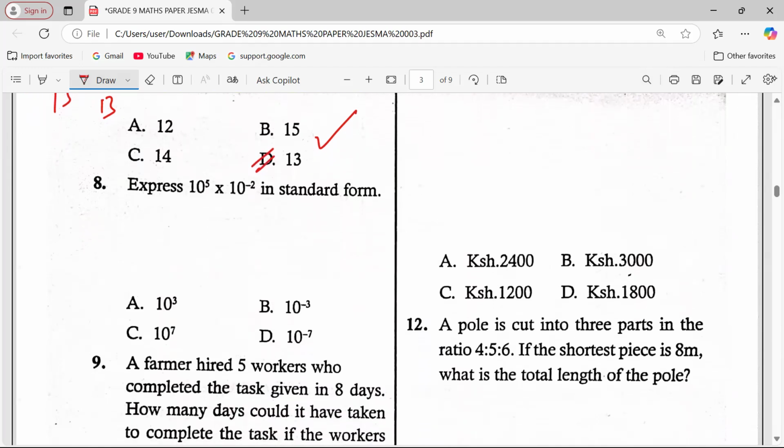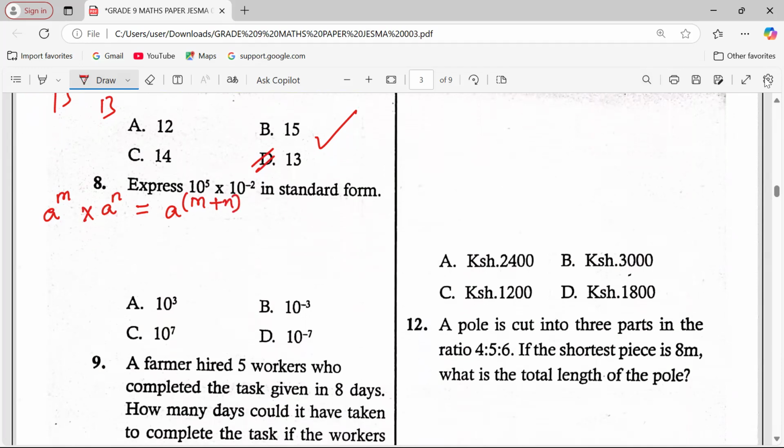Now, part 8, we are asked to express 10 power 5 multiplied by 10 power negative 2 in standard form. Remember these bases are the same, and there is a law of indices that says, in case we have 2 bases which have been multiplied, but they are raised to different indices, then we take the base, then we add the indices.